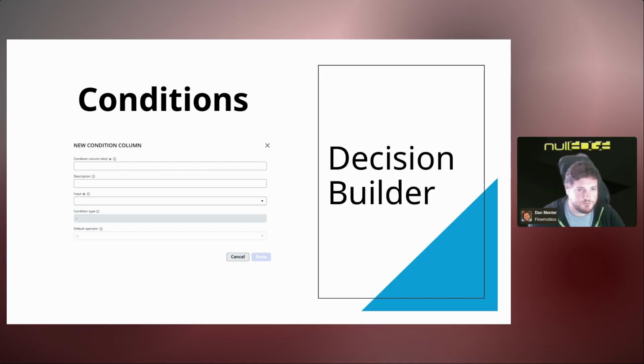We select which input, from the inputs that we've defined, it's going to be. And then the default operator is simply a way to say, use this kind of criteria. The default is going to be "is", but you can also do similar queries like you can in any other condition builder within ServiceNow: contains, does not contain, is not. All those are available so that you can do fairly complex conditions within that condition builder.